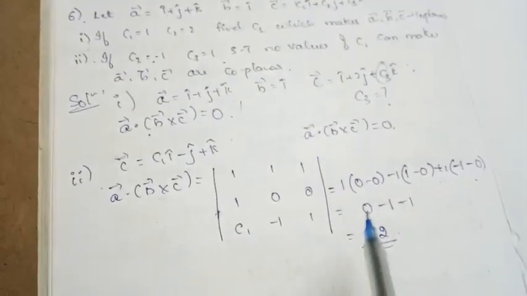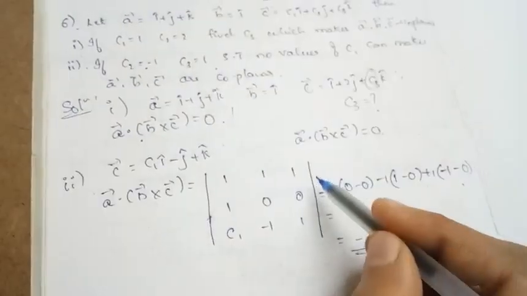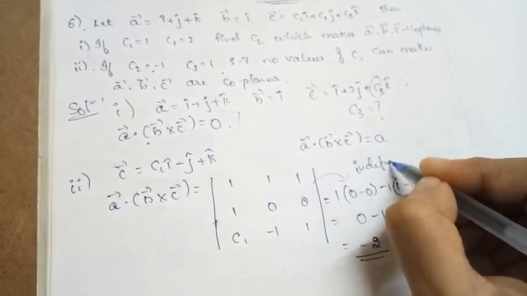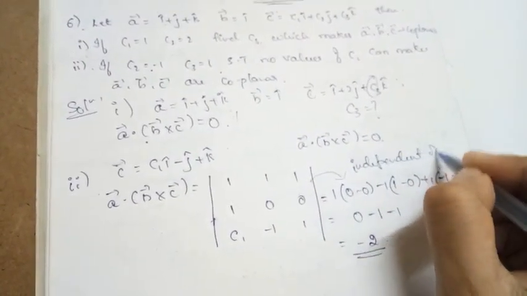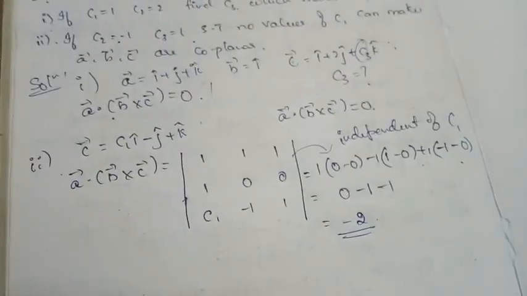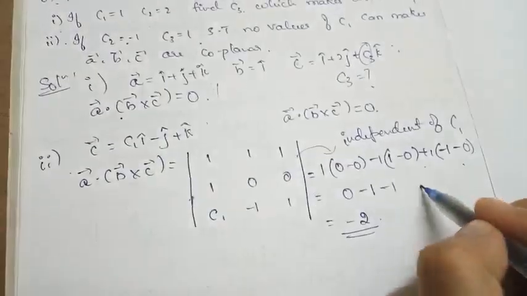So you can see clearly that this expansion of the determinant is independent of C1. The value of this determinant does not depend upon the value of C1.